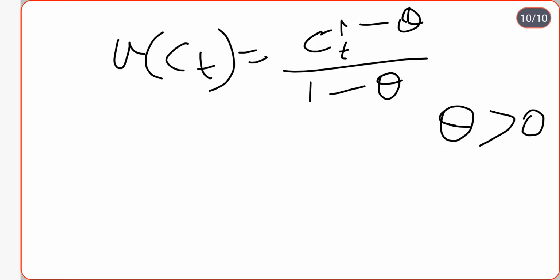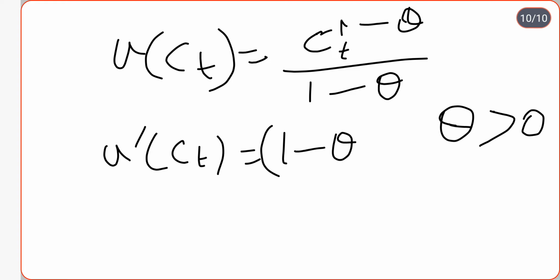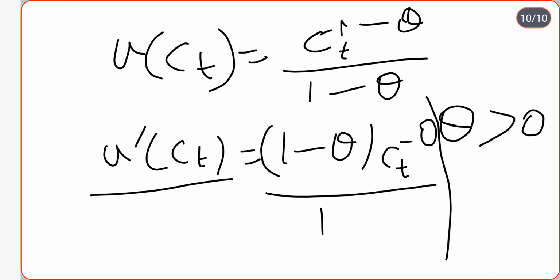Now if we do the derivative of this risk aversion function with respect to Ct, then what will we obtain? We will obtain u dash Ct, that will be equal to 1 minus theta into Ct to the power minus theta divided by 1 minus theta.